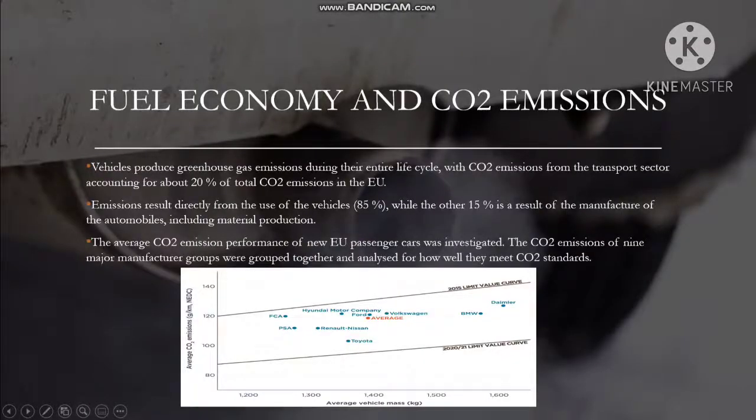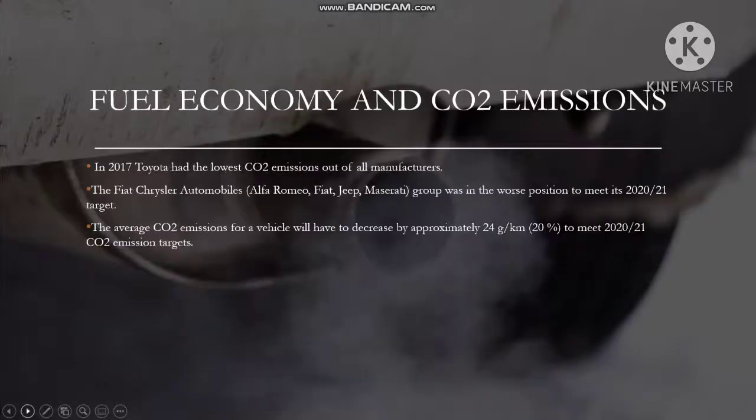The 2020 and 2021 targets are the target for Fiat. The average CO2 emission for a vehicle will have to decrease by approximately 24 grams per kilometer, 20%, to meet the 2020 or 21 CO2 emission targets.